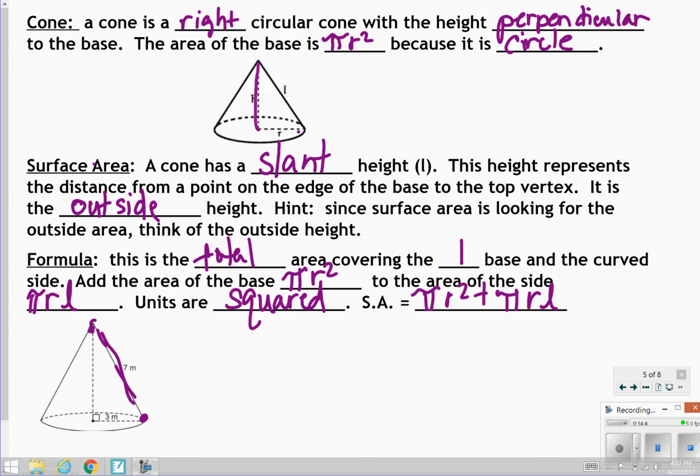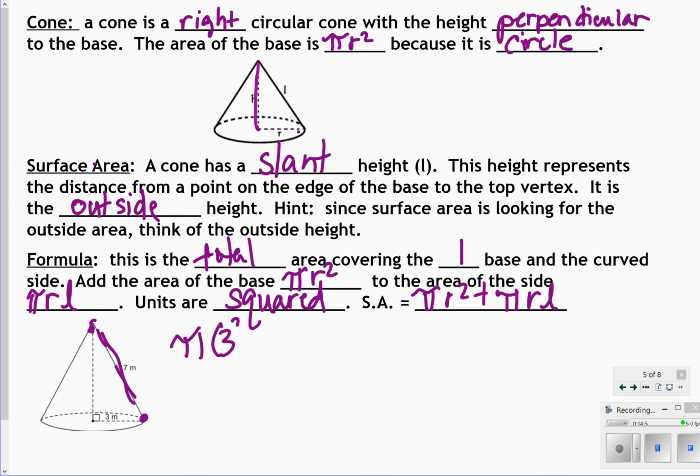Okay, so pi r squared, so we have pi, and our radius is 3, so it's 3 squared, plus pi times our radius, which is 3, times our slant height, which is 7.